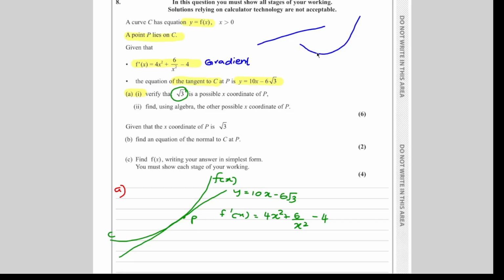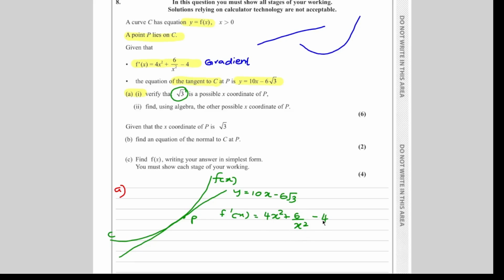Each and every point, the gradient is different. Therefore, there is a formula to figure out what the gradient of this curve is when we have the x coordinate. If you have the x coordinate of each and every particular point, then you can get the gradient of each and every point. So in this case, we've been given f dash of x, which means the gradient formula, or dy by dx is given.